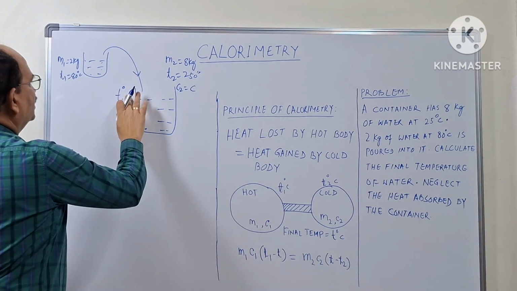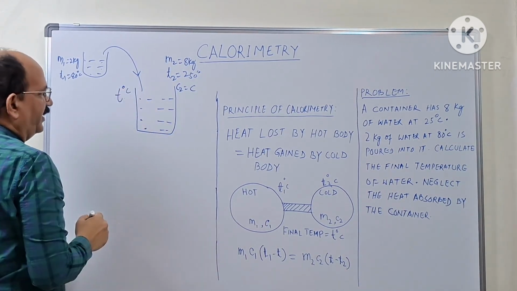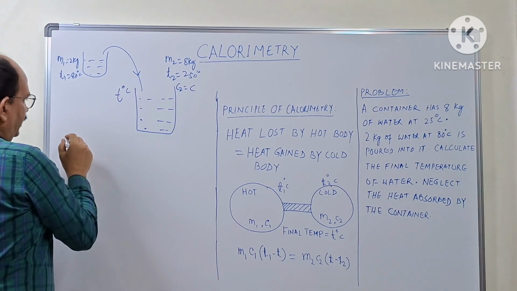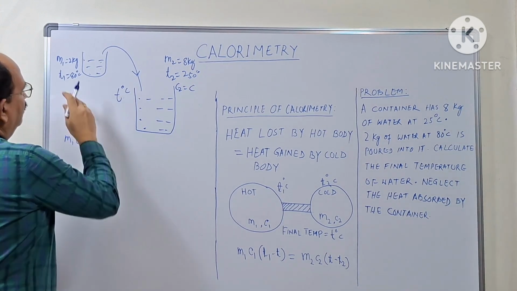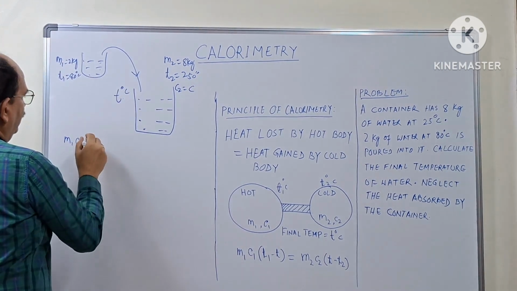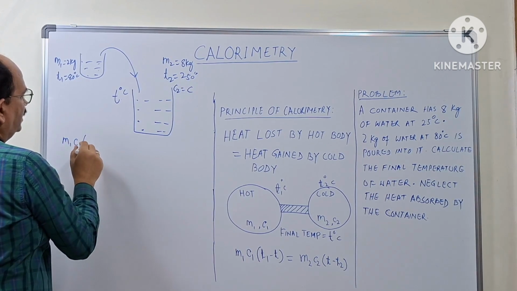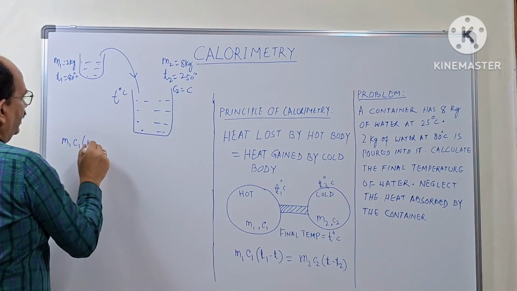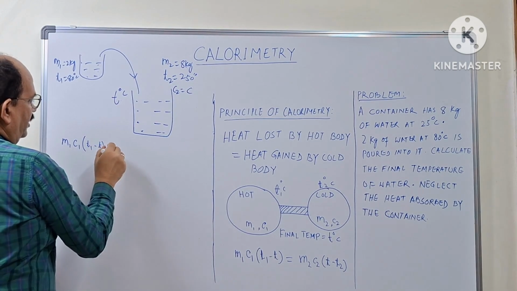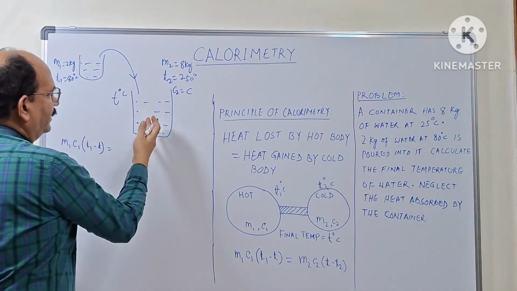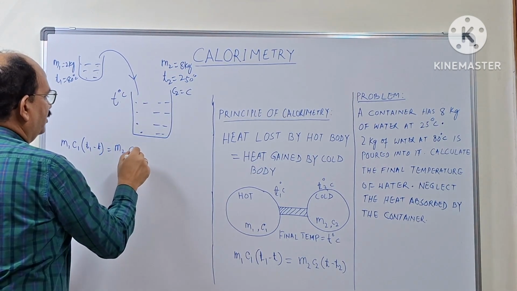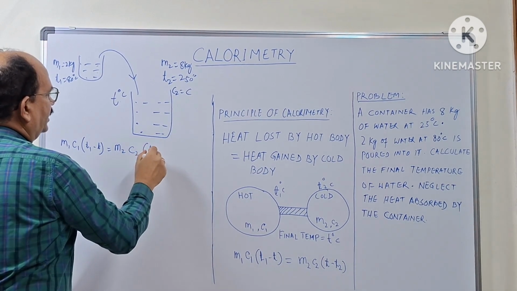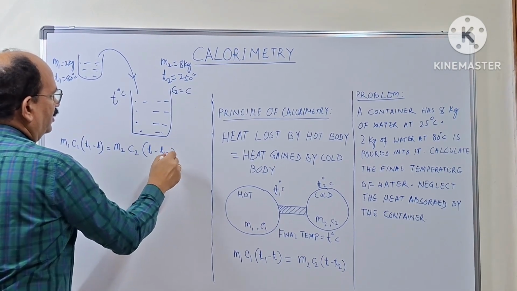Now, with the principle of calorimetry, the heat lost by the hotter water will be equal to M1 C1 times T1 minus T, and the entire heat is gained by the colder water, and that will be equal to M2 C2 times T minus T2.